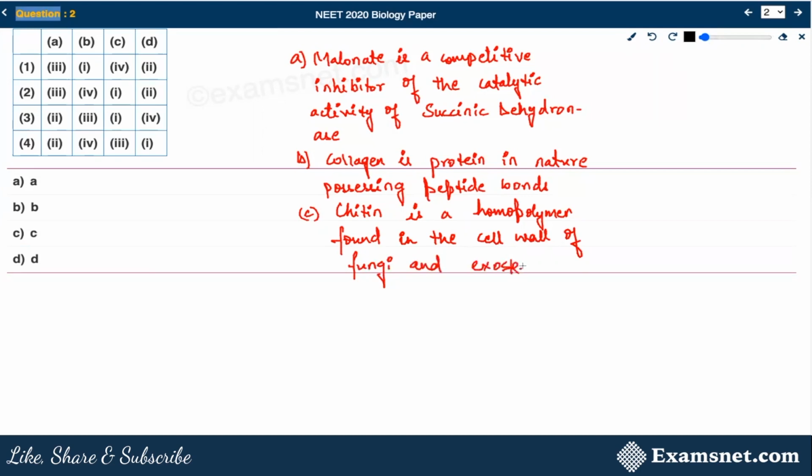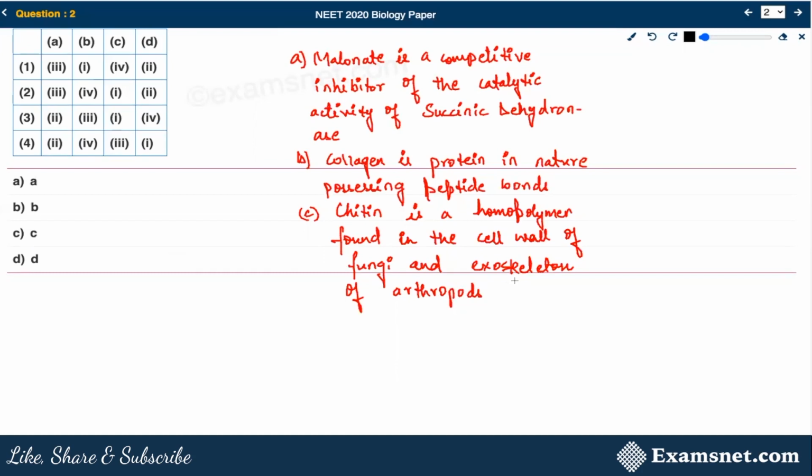Exoskeleton means the upper skin, you can say. Exoskeleton of arthropods, which is the largest kingdom of kingdom Animalia. Clear? This is the case.